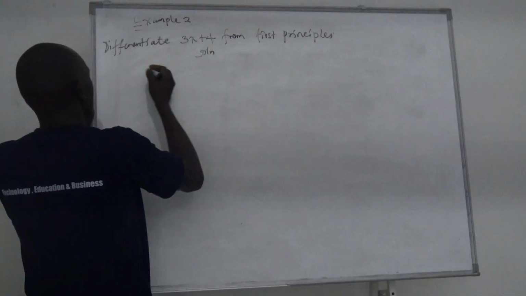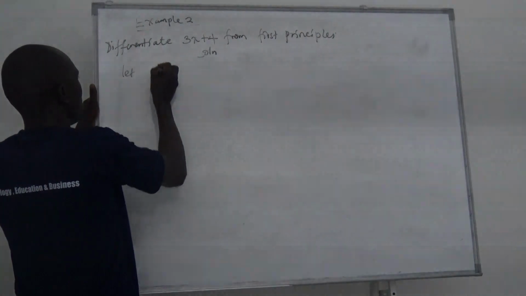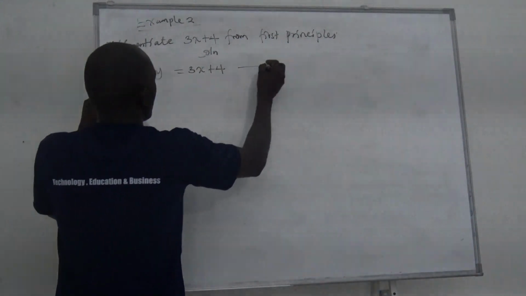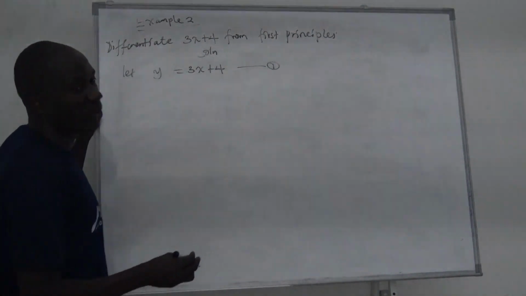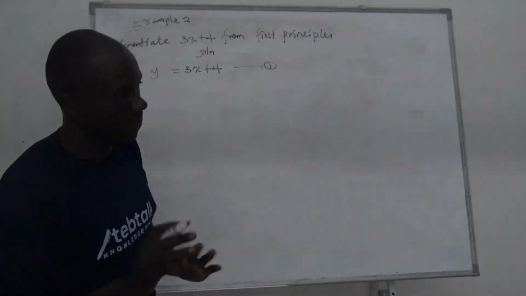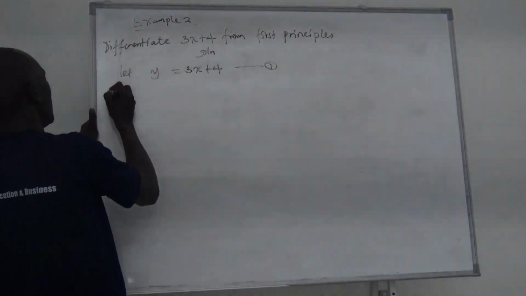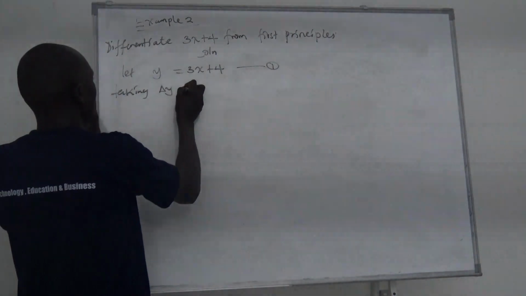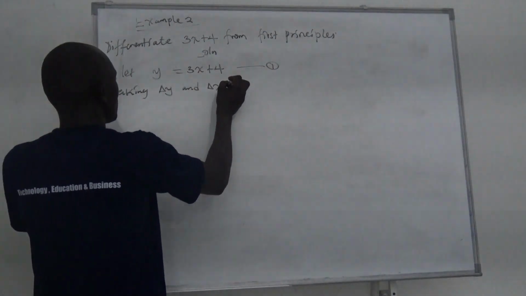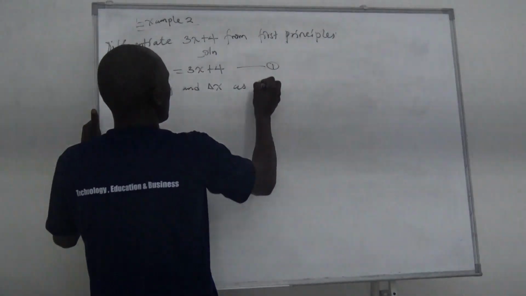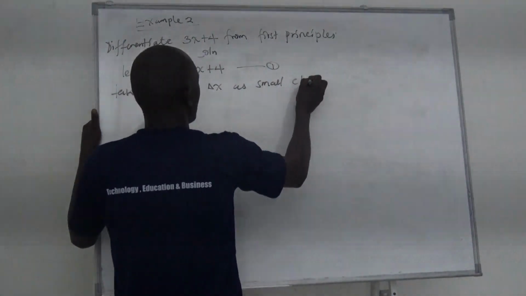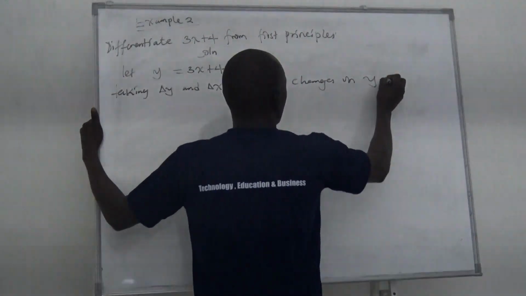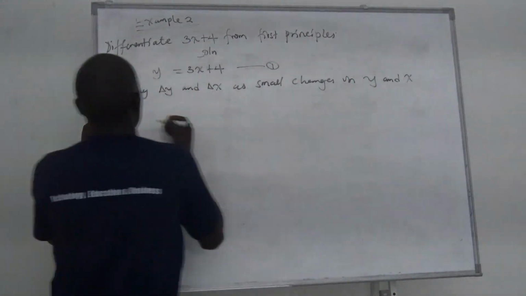So start by saying that y equals 3x plus 4. This one becomes the first equation. Then we say, taking delta y and delta x as small changes on y and x respectively.